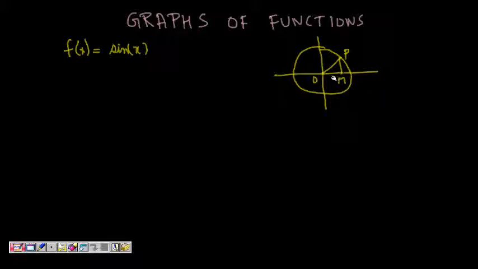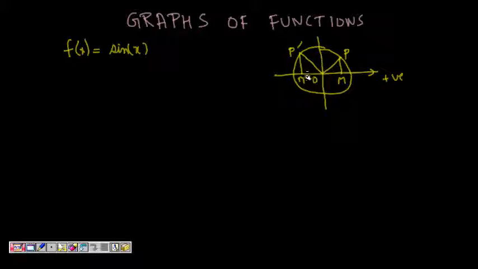This side the length is positive, on this side the length is negative. So OM is positive on this side, so this OM' is negative.